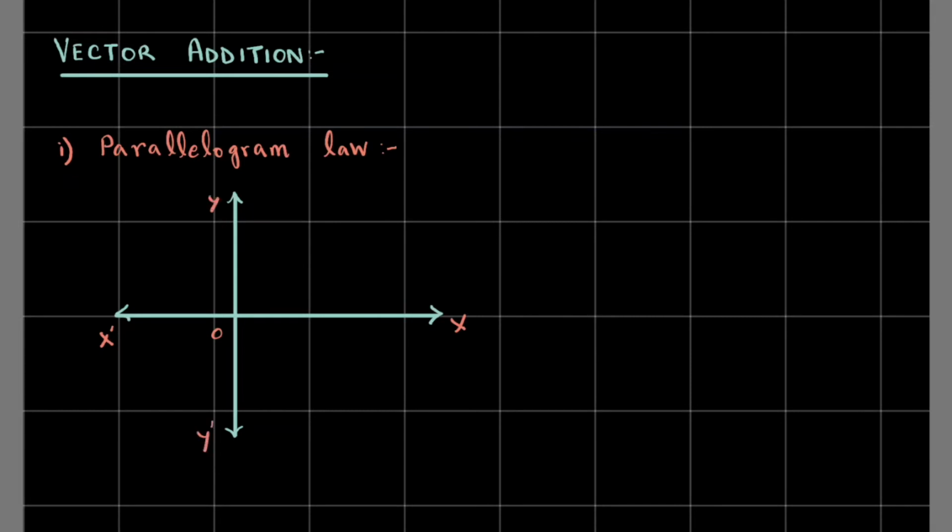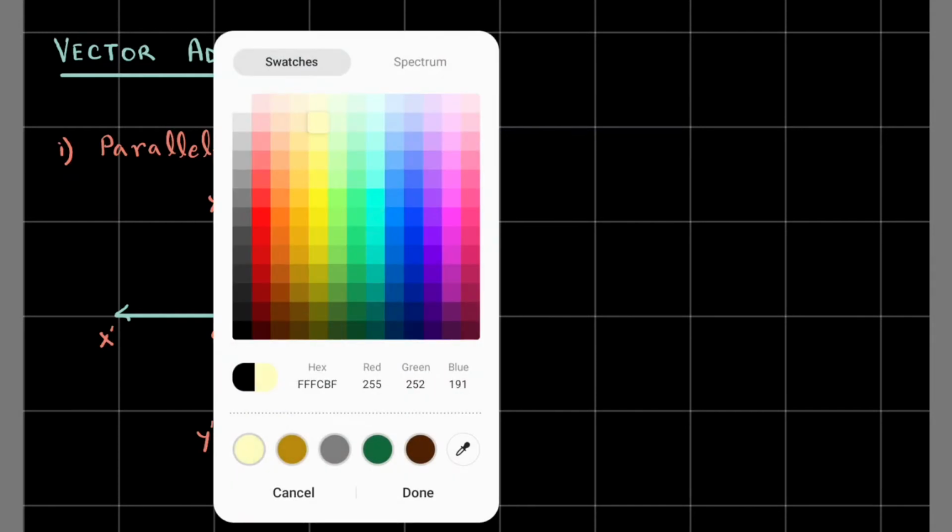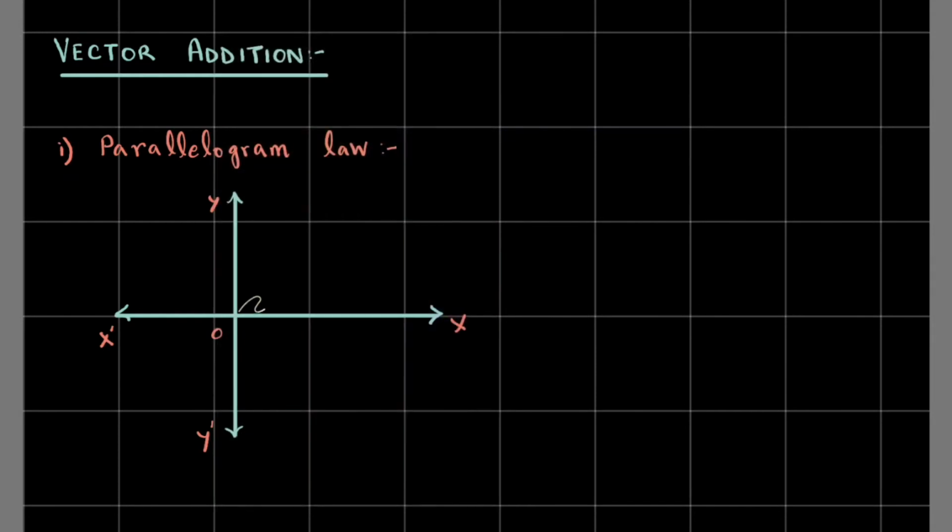Now, let's say I have a vector. A vector has both magnitude and direction, right? Now, let us intuitively consider that the y direction denotes north, y dash denotes south, x denotes east, and x dash denotes west. All right. So, let's say I have a vector which is directed somewhere between north and east, not exactly northeast, but somewhere between north and east.